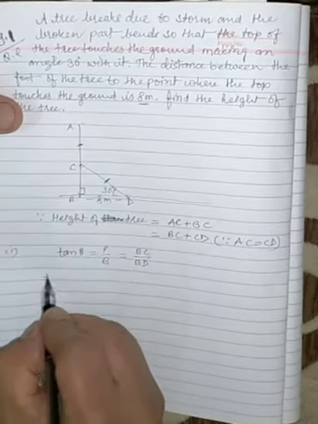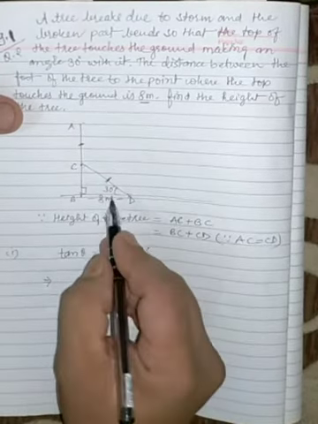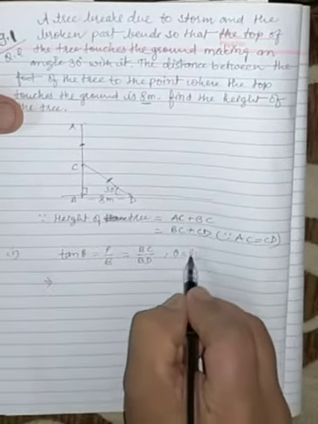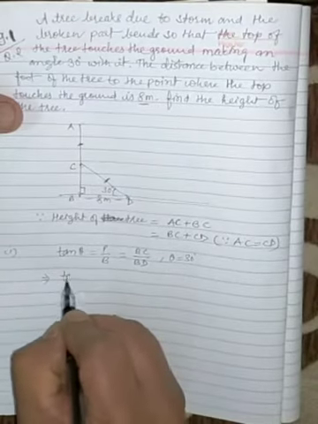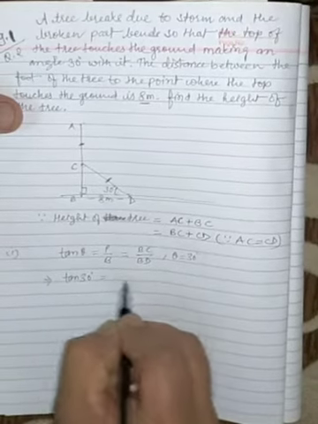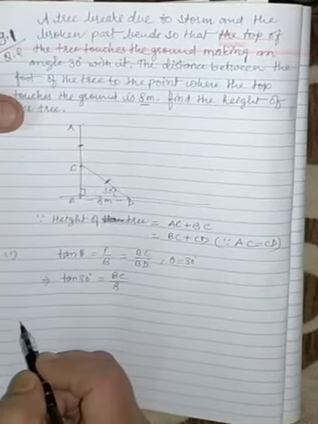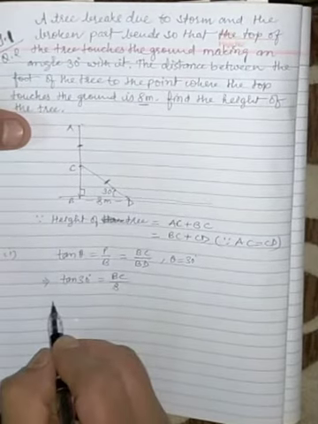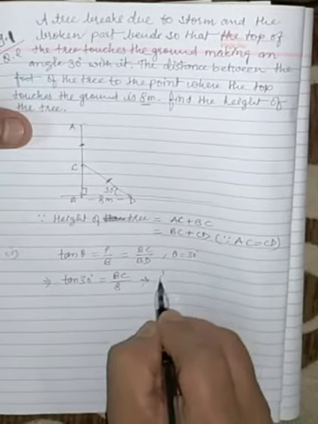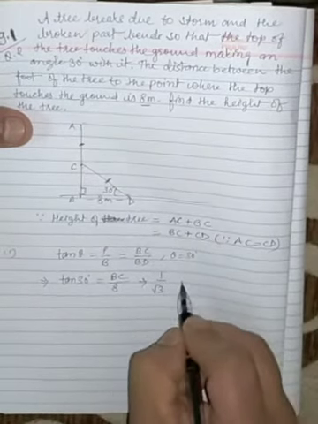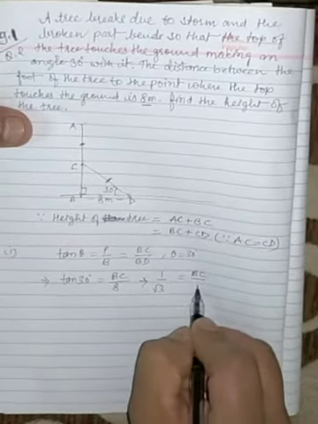Tan theta we are given 30 degree. So tan 30 degree is equal to BC upon BD, we are given 8. So tan 30, which is 1 upon root 3, is equal to BC upon 8.